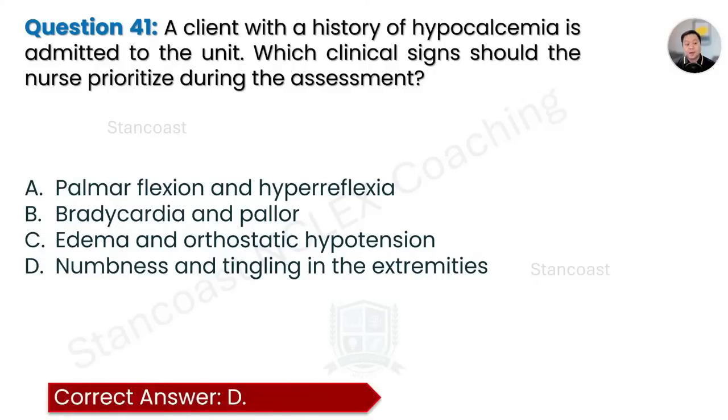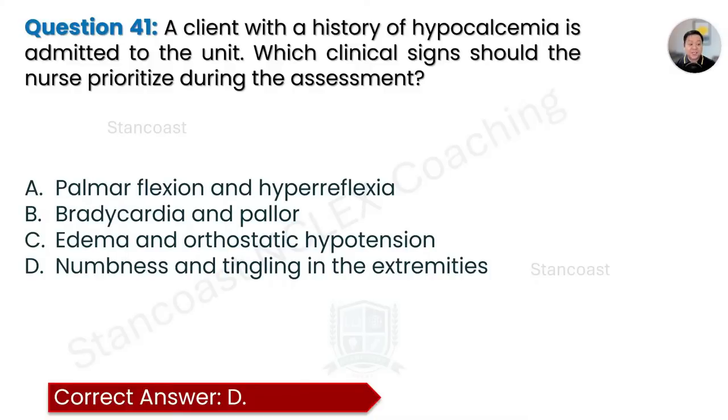These are the hallmark symptoms, especially early symptoms of hypocalcemia due to neuromuscular irritability, and these indicate the need for further assessment, including tests for Trousseau and Chvostek signs. And for the other options, A, B, and C, these are incorrect.